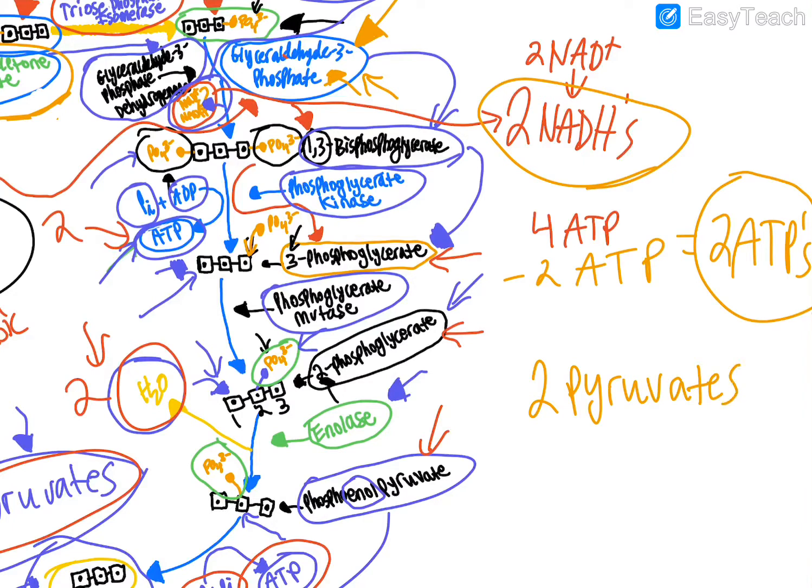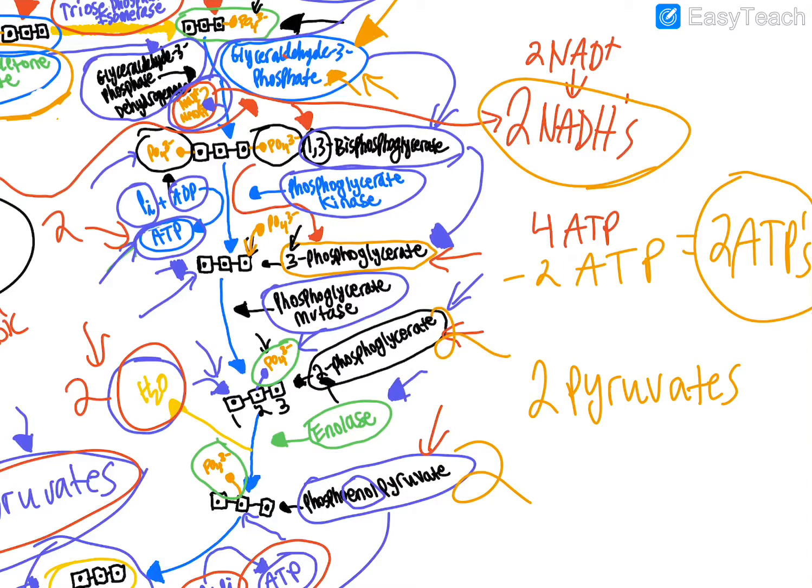We make 2 pyruvates. And then, of course, everything here we see, like starting from here, phosphoenol pyruvate is not 1, but 2, because everything is happening twice. We have to remember that, because dihydroxyacetone phosphate is also getting converted to glyceraldehyde 3-phosphate via triose phosphate isomerase, and then it's happening again. So instead of 1 2-phosphoglycerate molecule, we have 2 2-phosphoglycerate molecules.